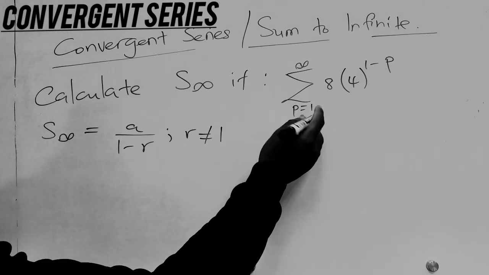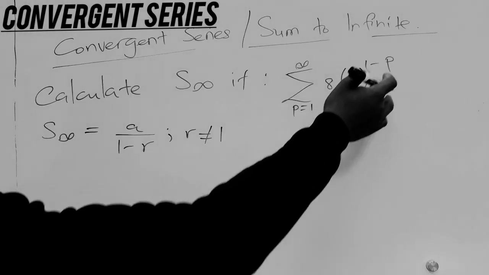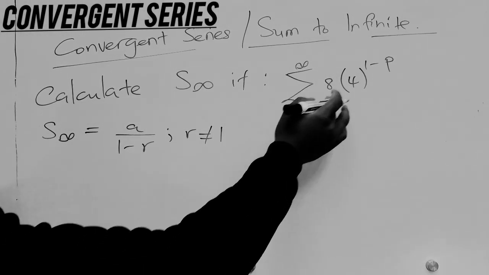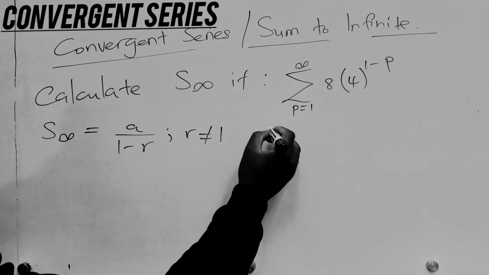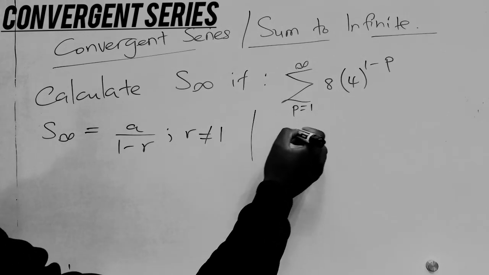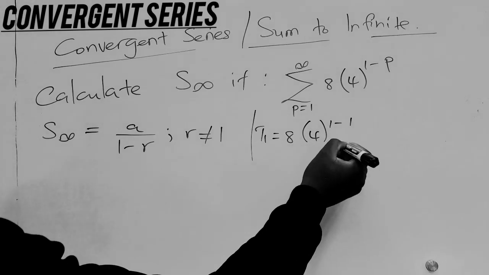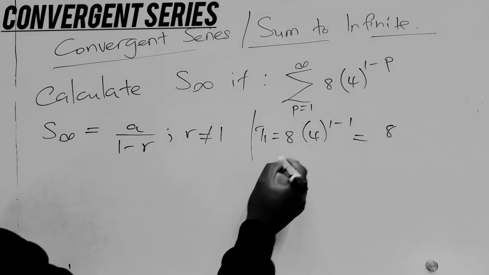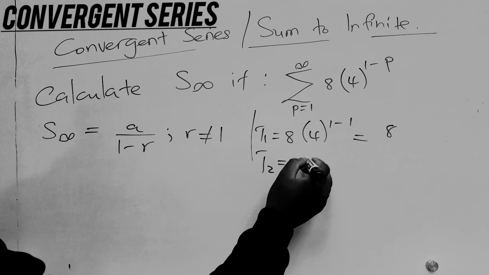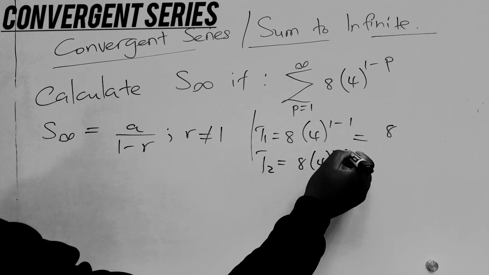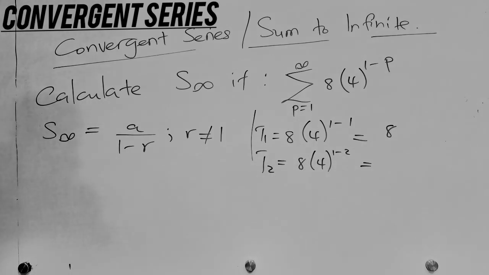So we substitute with p = 1 first, followed by p = 2, followed by p = 3. So this will be 8, which is T1, multiplied by 4^(1-1). This is equal to 8. Then T2 is 8 times 4^(1-2). What is 1 - 2? It is -1, and 4^(-1) is a quarter, so this one will be 2.